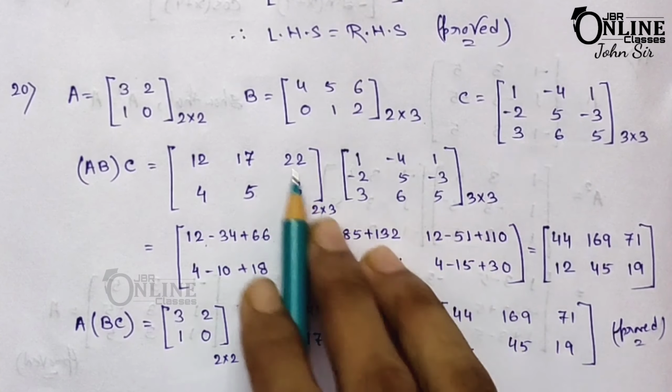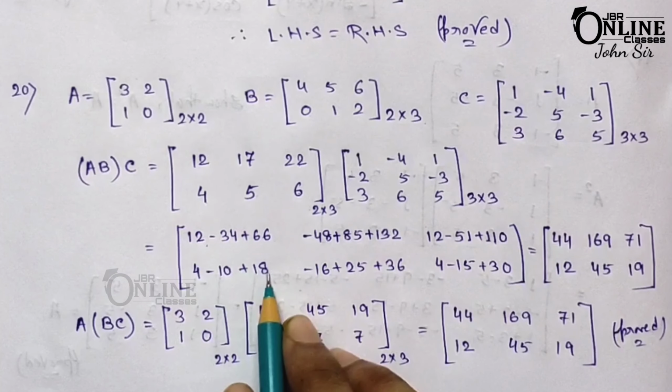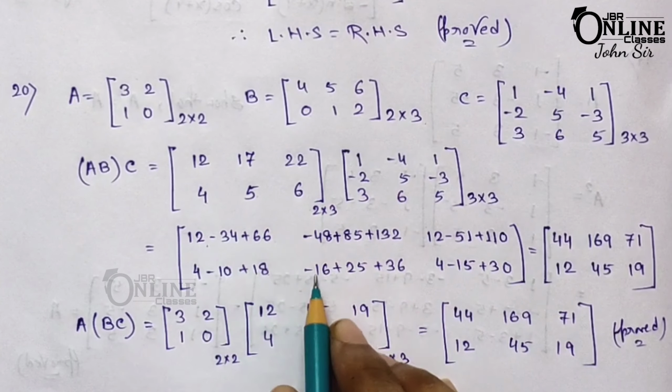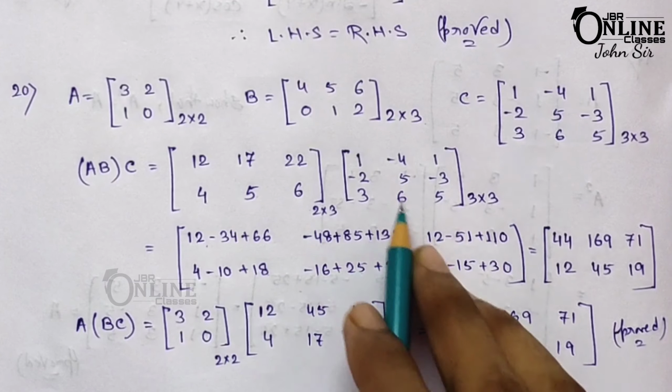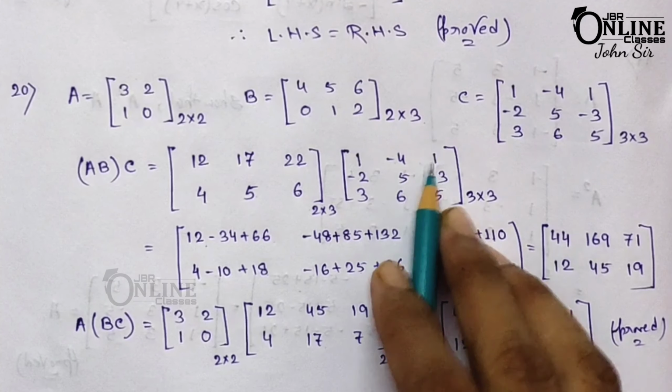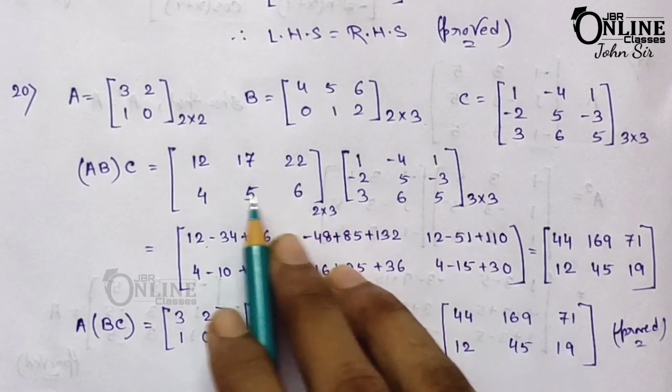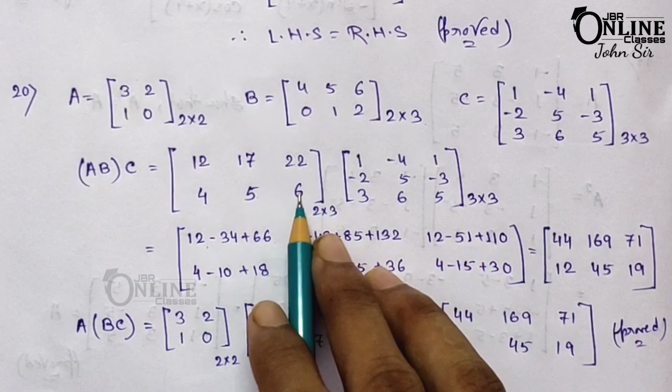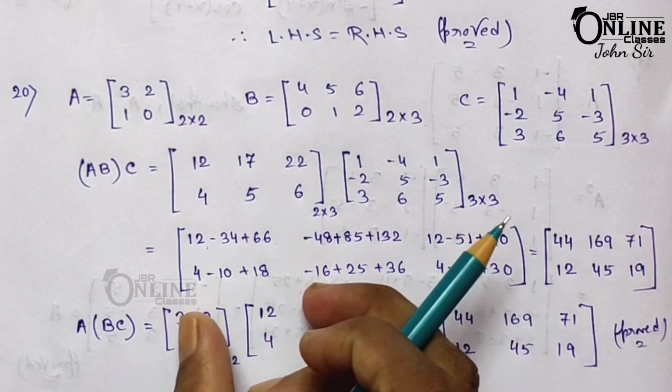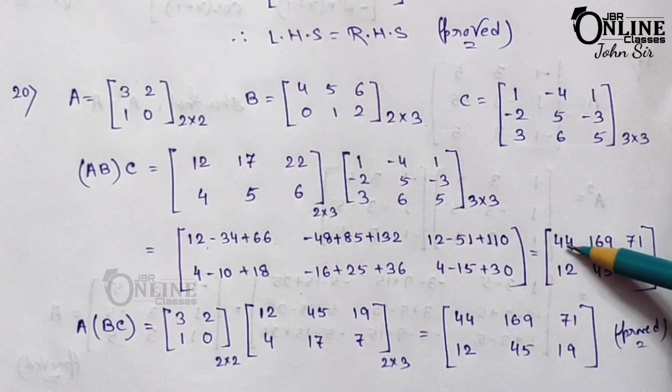Then 1 into 4, minus 2 into 5, 6 into 3. Minus 4 into 4, 5 into 5, 6 into 6. 1 into 4, minus 3 into 5 and then 5 into 6. Okay, now you can easily calculate this one. So it will be 44, 169, 71, 12, 45, 19.